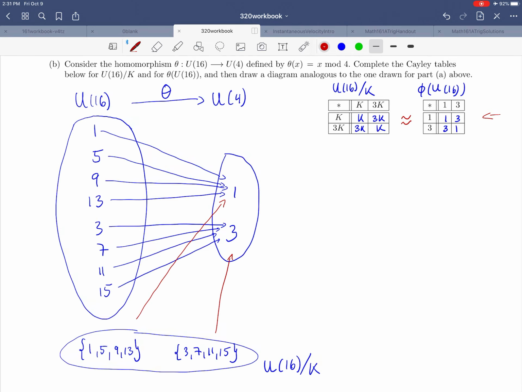And we have the same diagram that we can draw where all the elements in one coset are mapped to the same image. And so again, we have this relationship and this new map, psi, that goes from our factor group to our homomorphic image. So we see again that our factor group, U16 mod K, is isomorphic to, in this case, theta of U16.